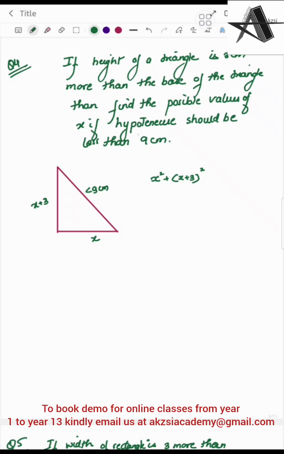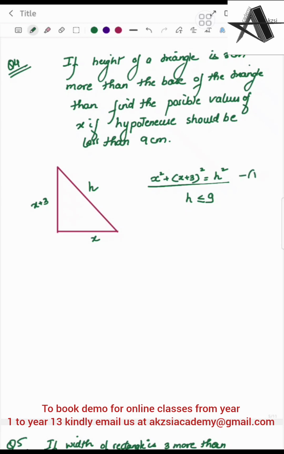But the hypotenuse should be less than 9 centimeters. That means we know the Pythagoras theorem says this should be the hypotenuse, and also the hypotenuse should be less than or equal to 9. So what does this mean? It means first I need to calculate the hypotenuse.